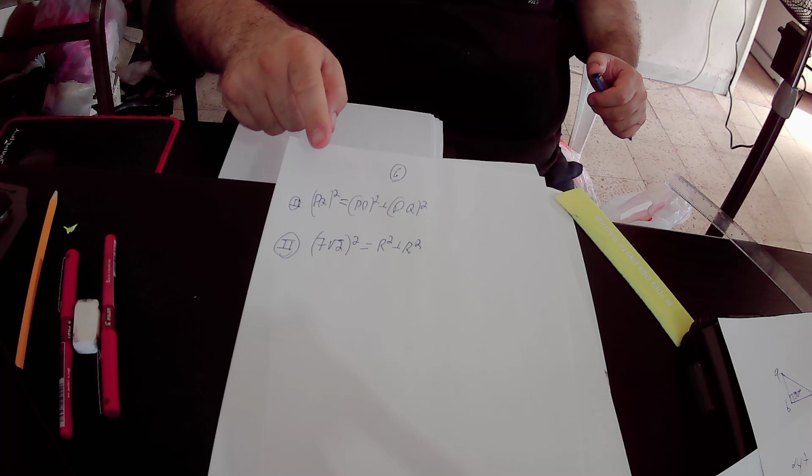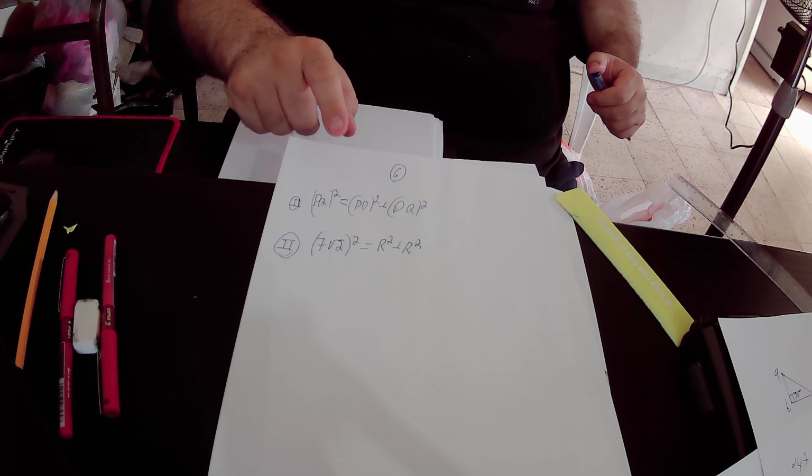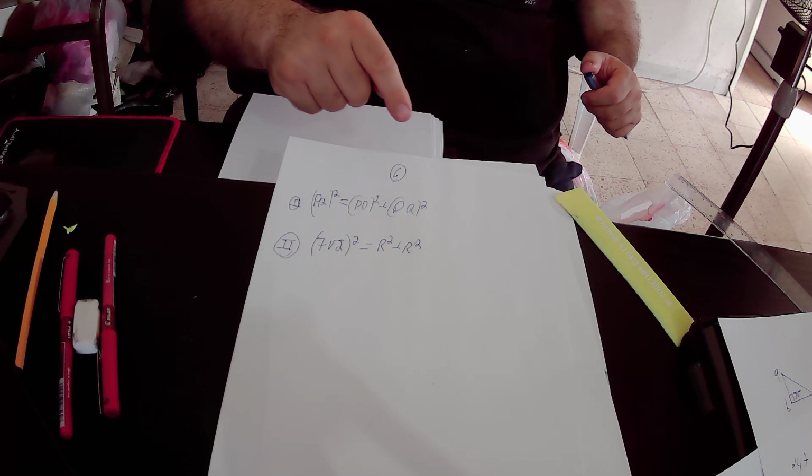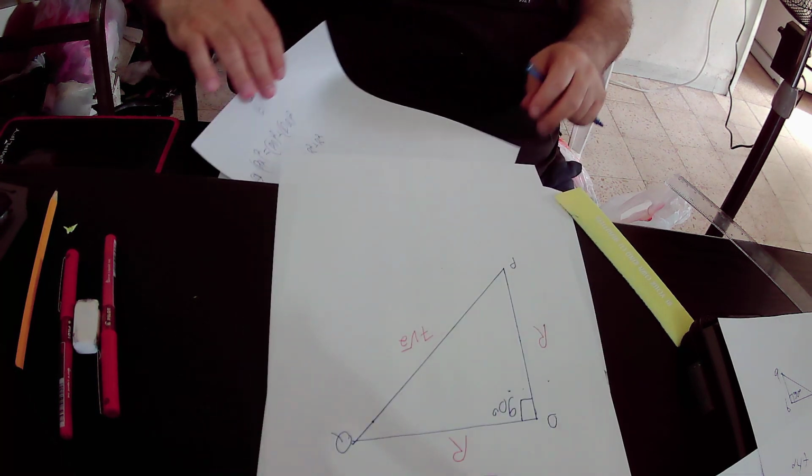Okay, so 7 times root 2 square equals 49 times 2, and R square plus R square equals 2 times R square. Okay, so I write it down.